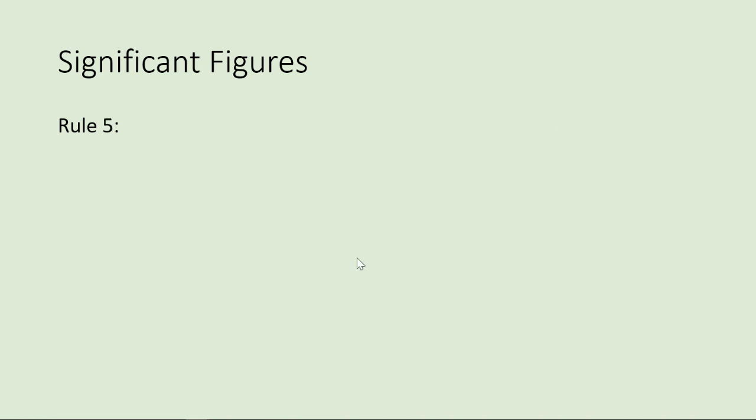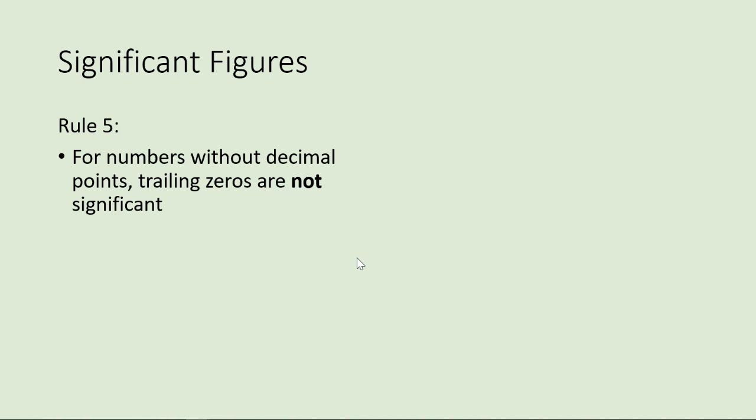The final rule: if numbers don't have a decimal point, trailing zeros are not significant. What do I mean by that? Trailing zeros are just numbers to the right.